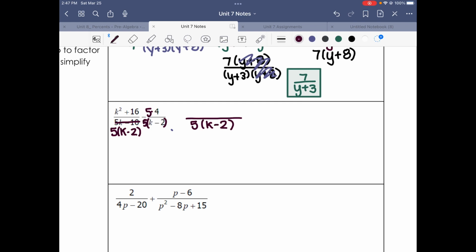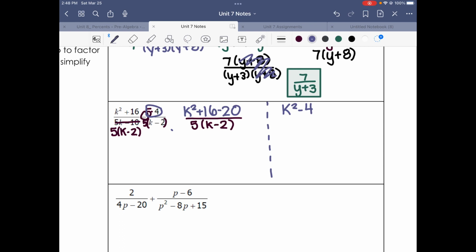And I just need to subtract the top parts, the numerators, which is k squared plus 16, minus 5 times 4 is 20. Then, sort of over here to the side, and you can draw a little line if you need to, so that you know this is just your side work, 16 minus 20 is negative 4.